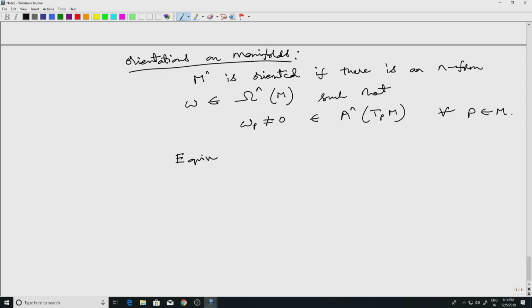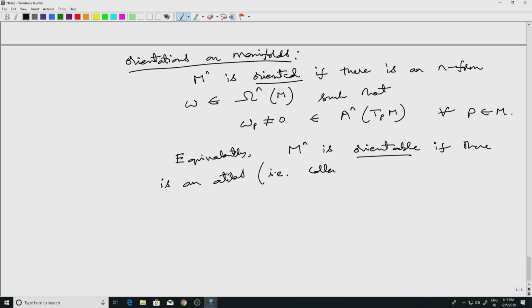Equivalently, we say that M is orientable, as opposed to oriented, if there is an atlas, a collection of charts whose union is all of M, covering M, U alpha, phi alpha.